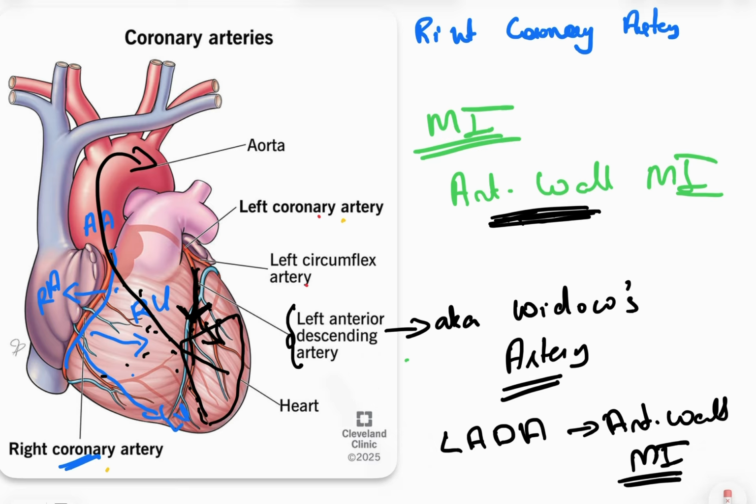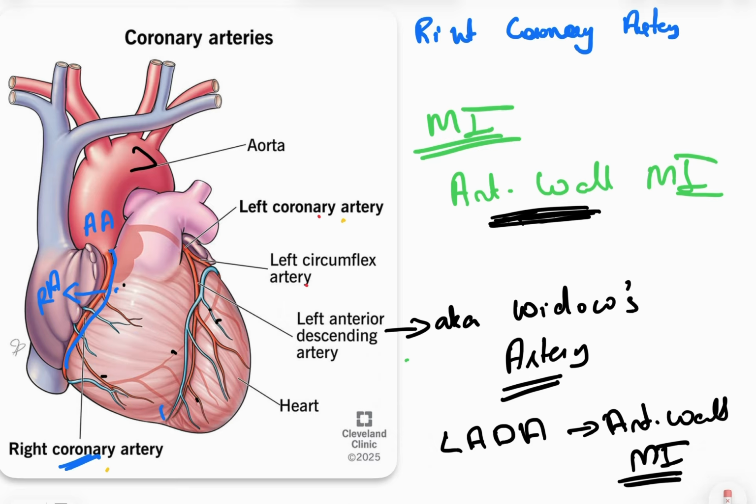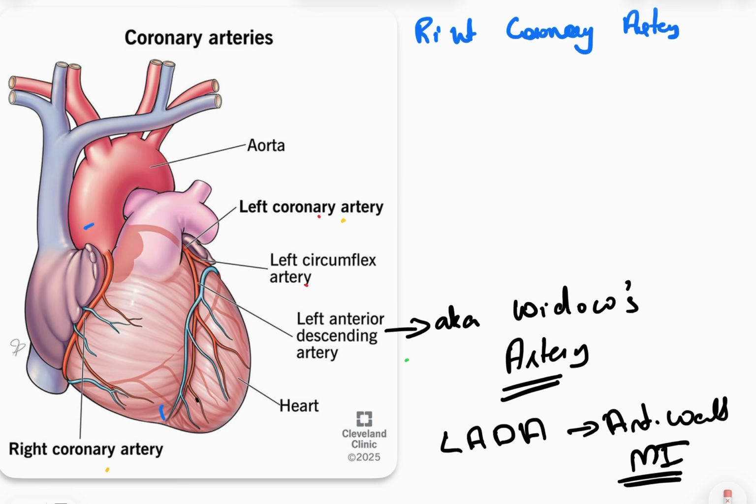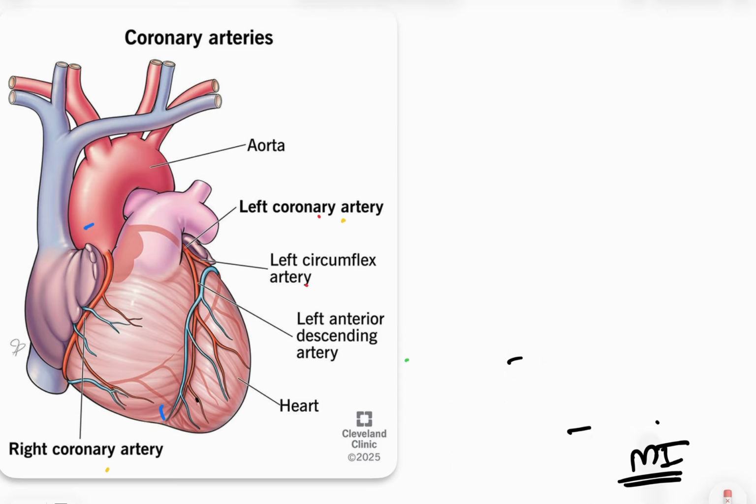Okay, I hope you got an idea about the 2 branches of the left coronary artery: the left anterior descending artery and the left circumflex artery. The left circumflex artery is very easy to remember because we can see it going backward of the heart. It provides blood supply to the left atrium and also to the posterior and lateral aspect of the left ventricle.